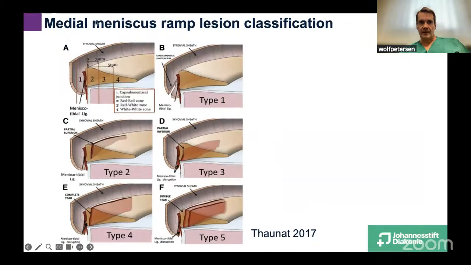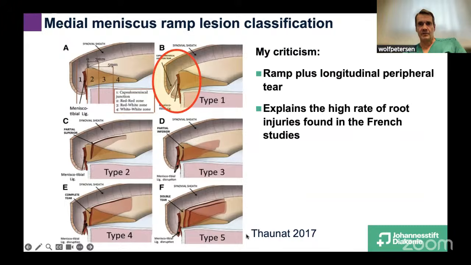This is a classification by the French group of Thaunat, and he divides five different types: type 1, 2, 3, 4, and 5. I have some criticism with this classification, because in my opinion only type 1 is a real ramp lesion.